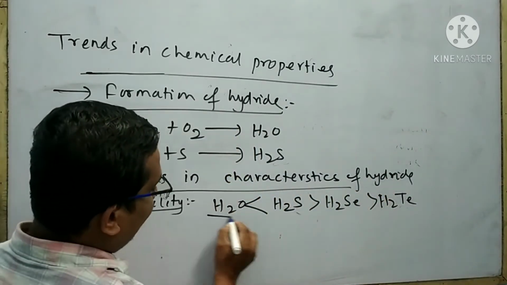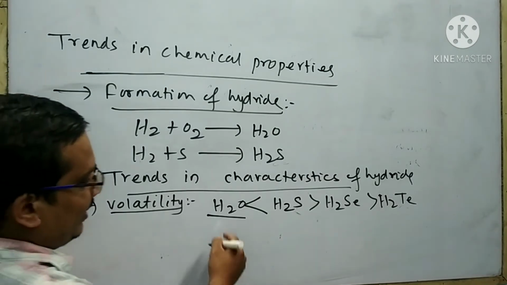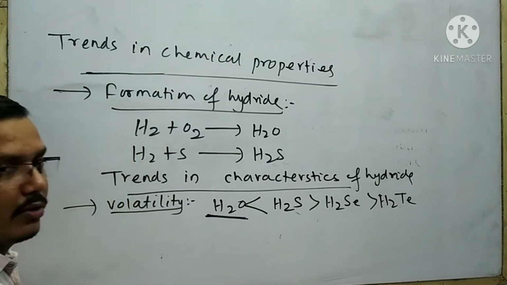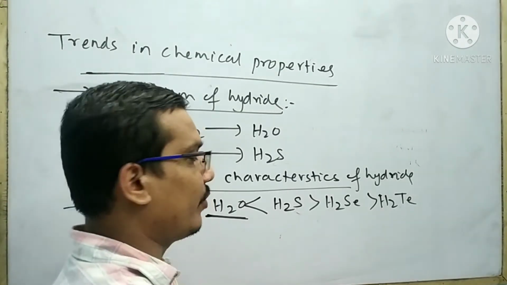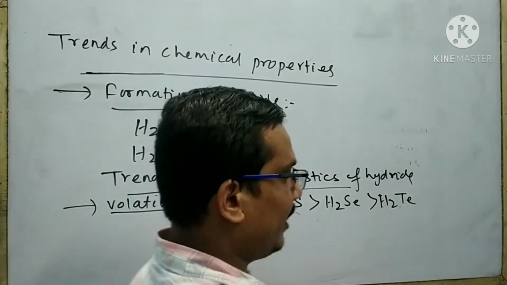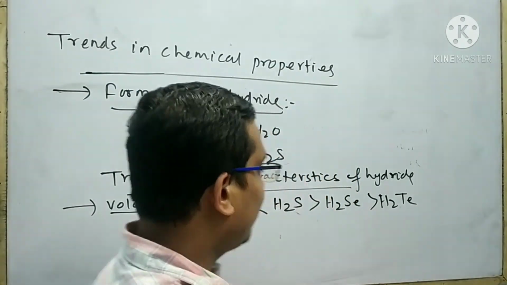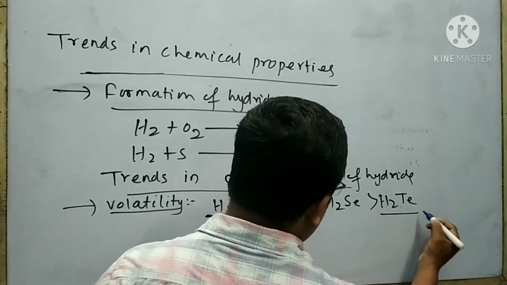The high boiling point and low volatility of water is due to association of water molecules through hydrogen bonds. Actually, the volatility goes on decreasing from H2S to H2Te.